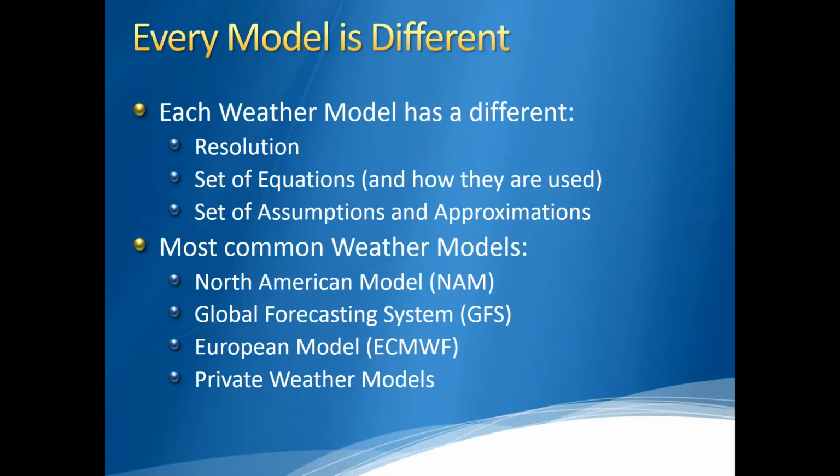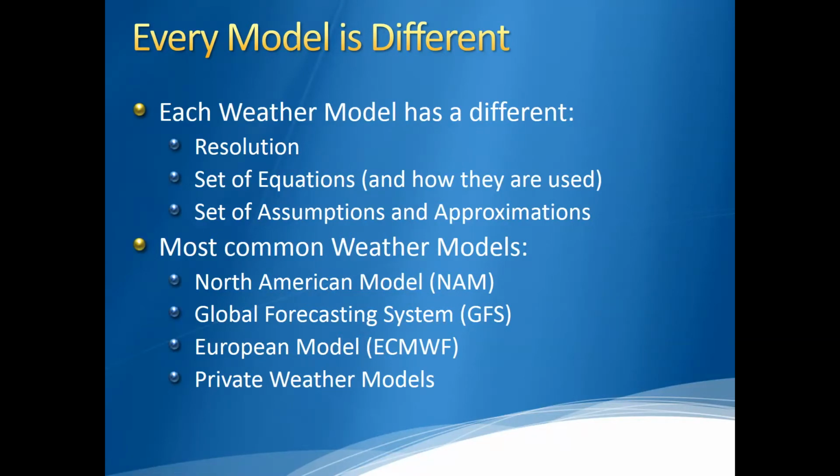Every weather model has a different resolution, so how many grid boxes it represents the world as. It has its own set of equations, and every model has its own set of assumptions and approximations. The most commonly used weather models that we use here in America are the North American model, also referred to as the NAM, the Global Forecasting System, or the GFS, and then the European model, the ECMWF.